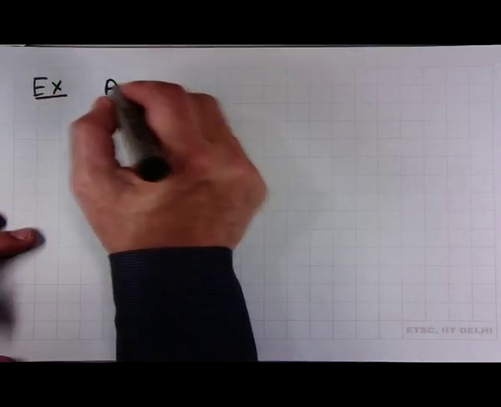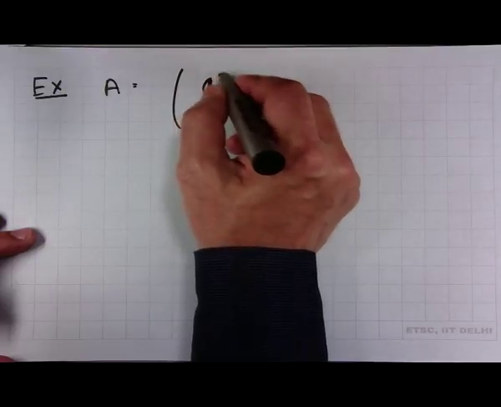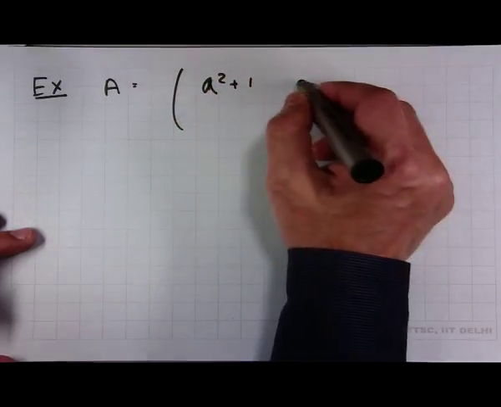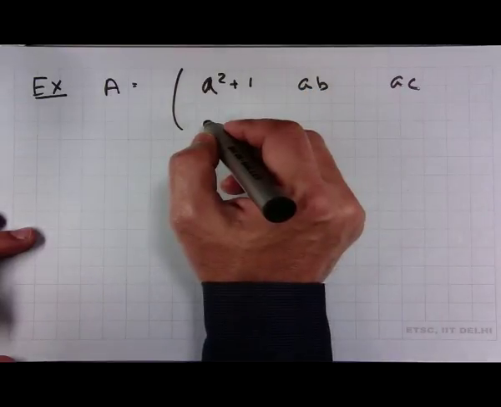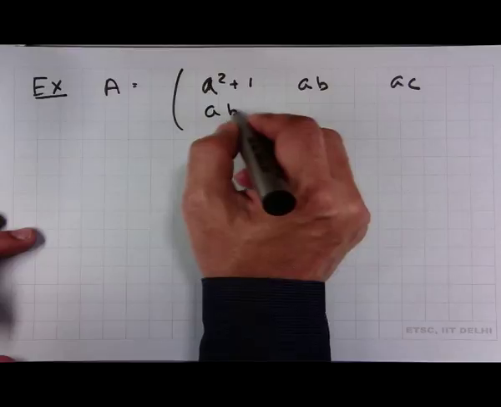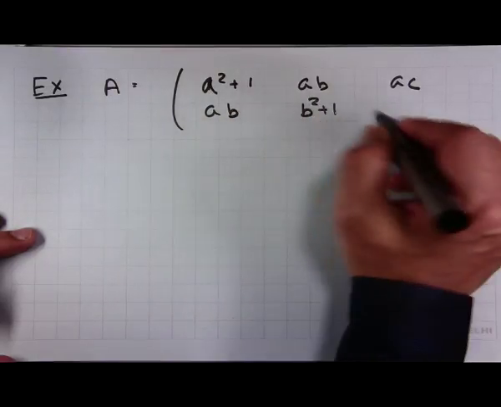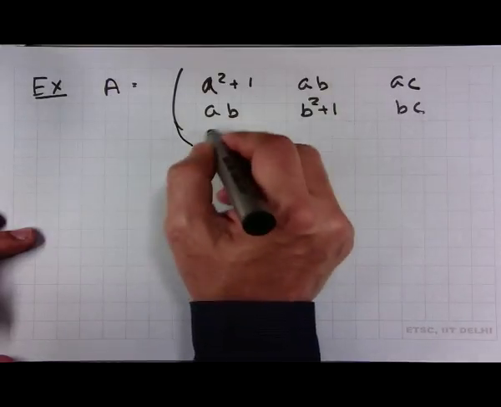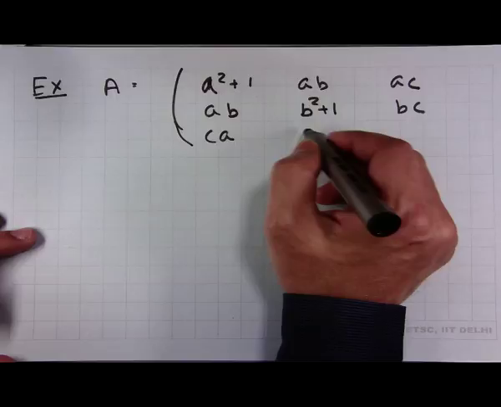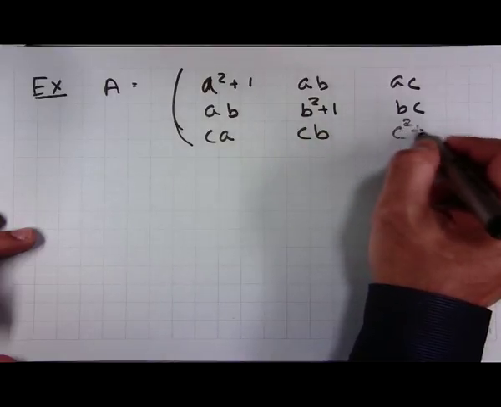What is the determinant of the matrix with rows (a square plus 1, ab, ac), (ab, b square plus 1, bc), (ca, cb, c square plus 1)?